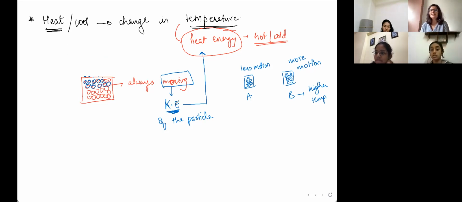So it is the kinetic energy of the particles that make up the matter. Obviously we cannot see atoms or molecules, so physically what we feel, this particular energy, is the heat energy. Okay, once you've got the topic, I'll show a simulation. If there is a visual, it will be more intuitive, so you can see what it means.